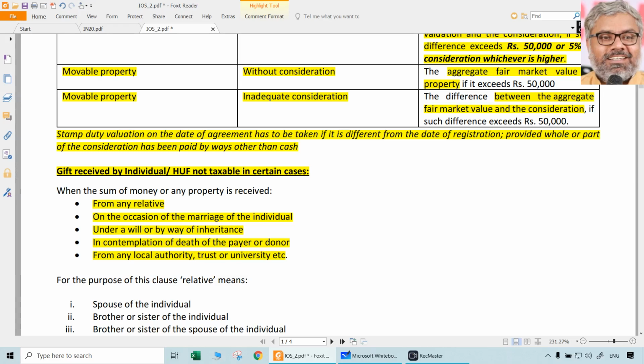So once again, gifts from relatives, gifts received on the occasion of the marriage of the recipient, gifts received by the recipient under a will or by way of inheritance, gifts received in contemplation of the death of the payer or donor, and gifts received from any local authority or trust or university are not taxable in the hands of an individual or HUF.